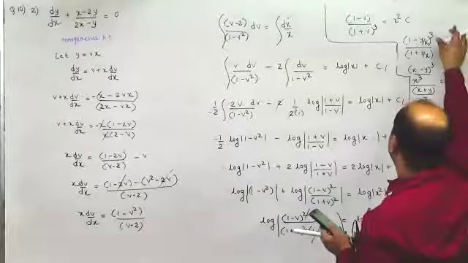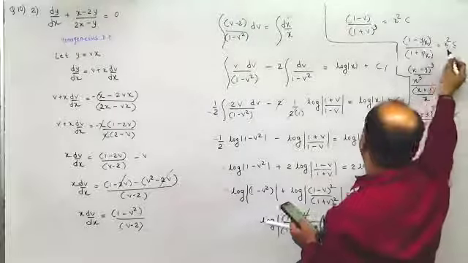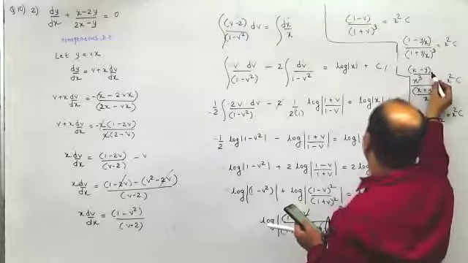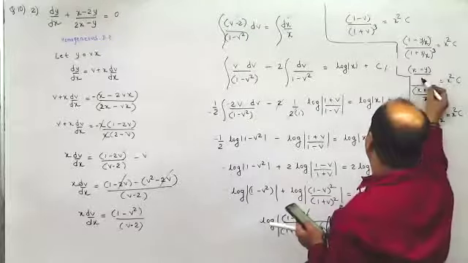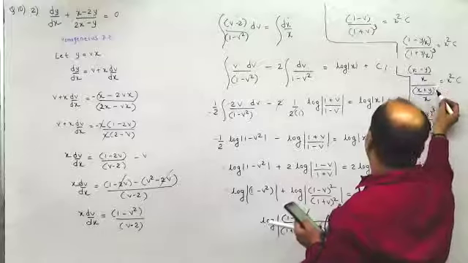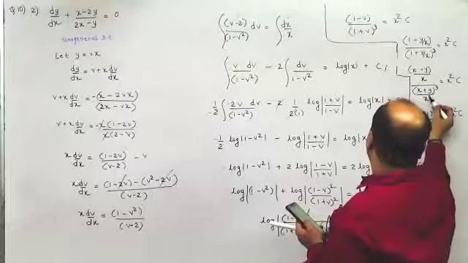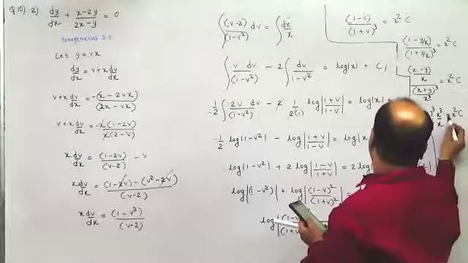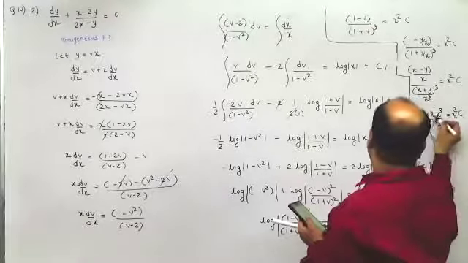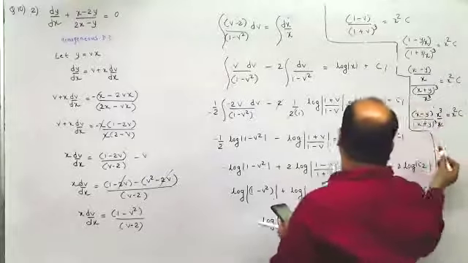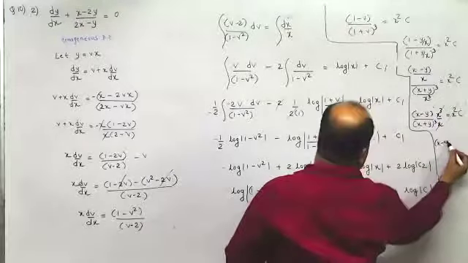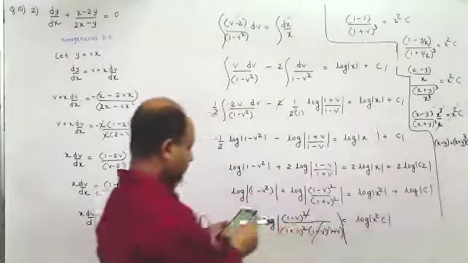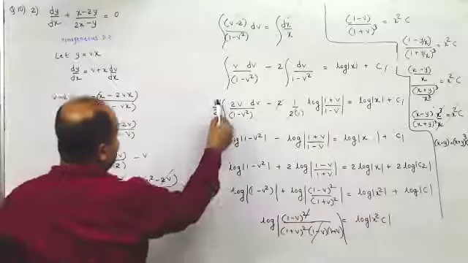This would be 1 minus y by x, this is (1 plus y by x) the whole cube. This would be (x minus y) upon x, and this would be (x plus y) the whole cube upon x cube. Yeah, it becomes x cube upon x. Now this and this get cancelled. So x minus y equals (x plus y) cube into c. Yes, I made this sign mistake here.